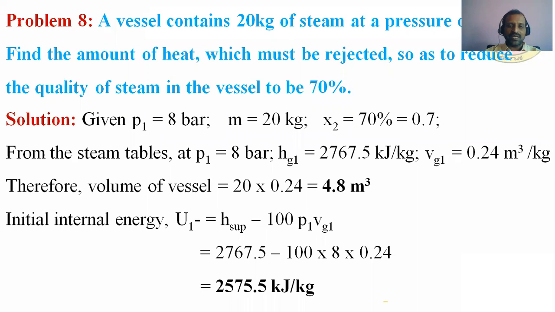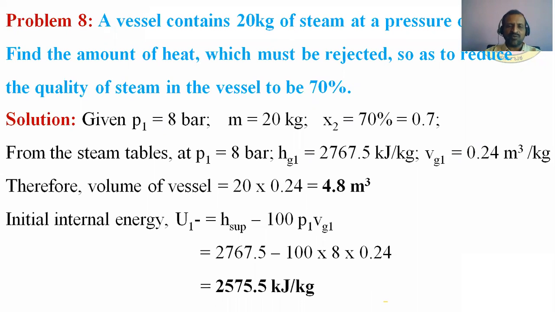A vessel contains 20 kg of steam at a pressure of 8 bar. Find the amount of heat which must be rejected so as to reduce the quality of steam in the vessel to 70%.